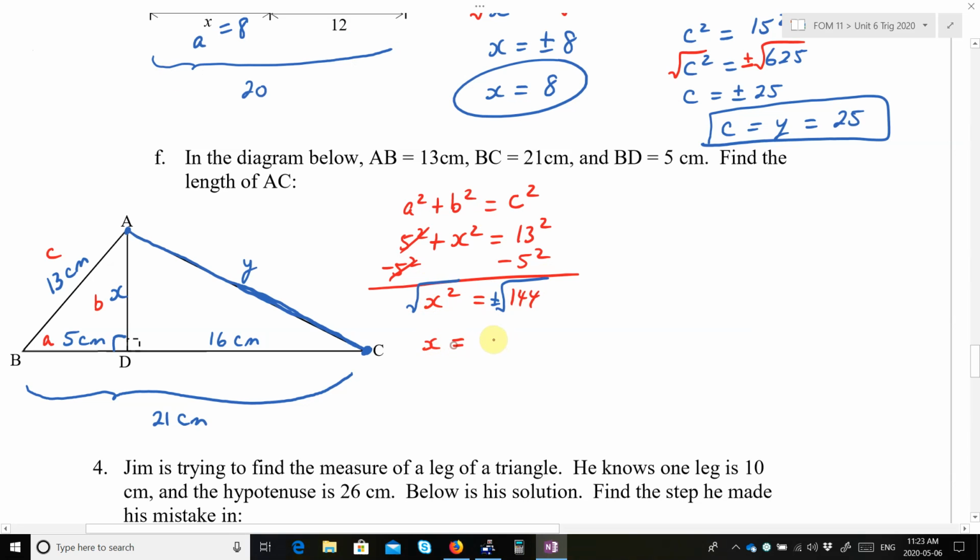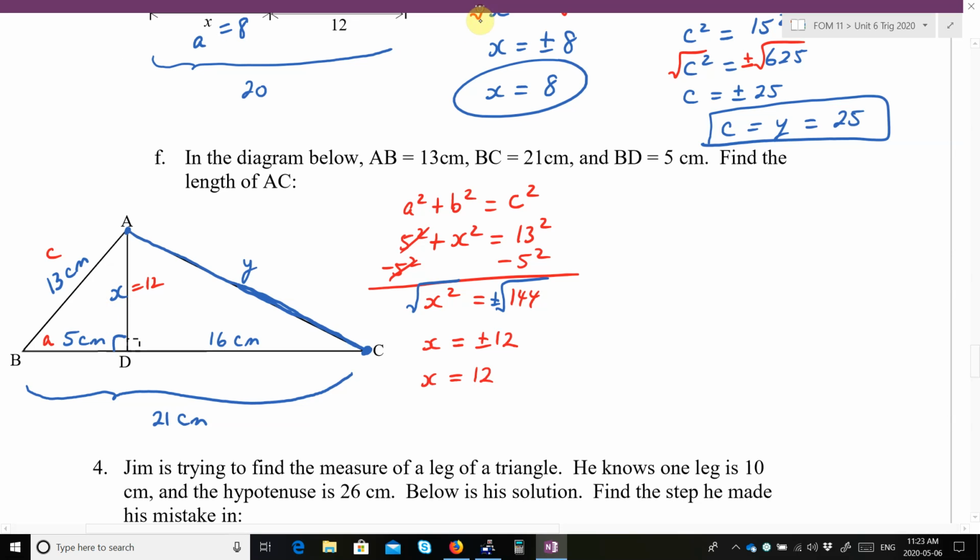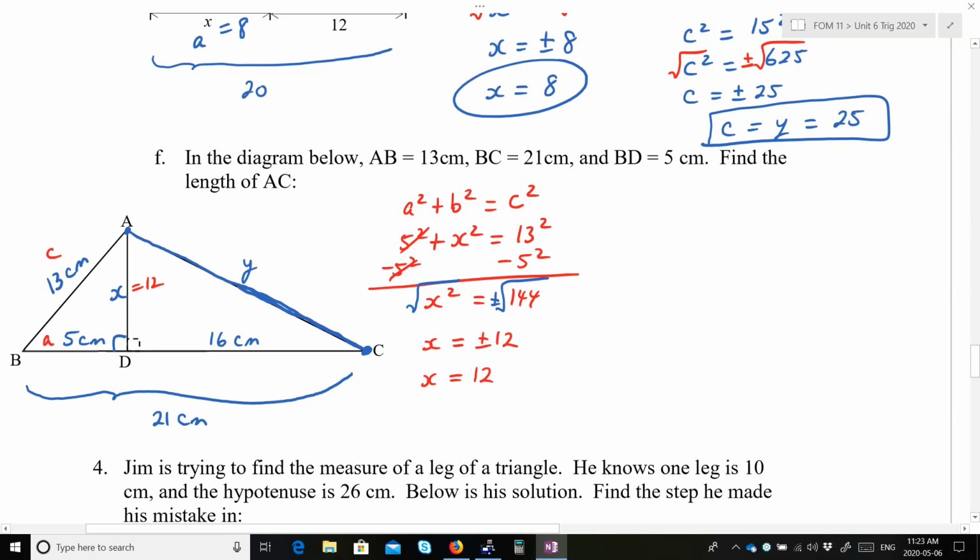So x is equal to plus or minus 12. Reject the negative because x is the length of a side. So x is equal to 12. Great.